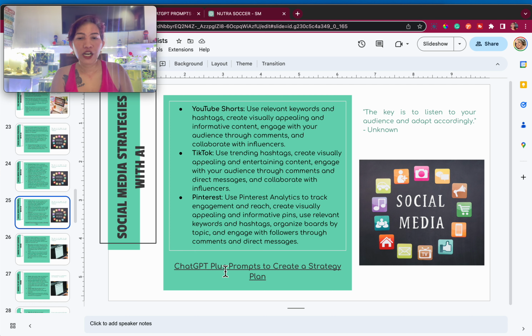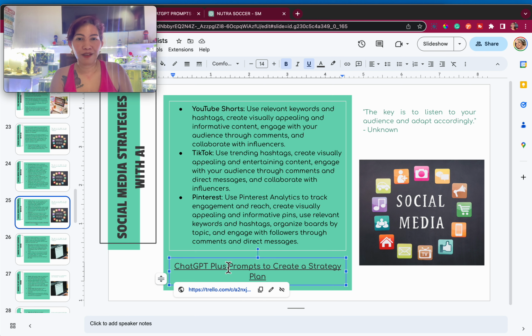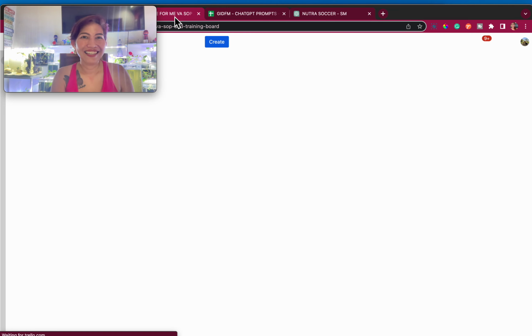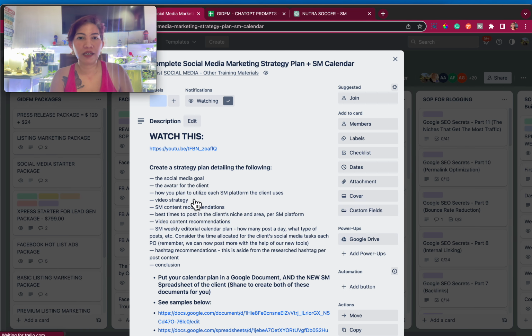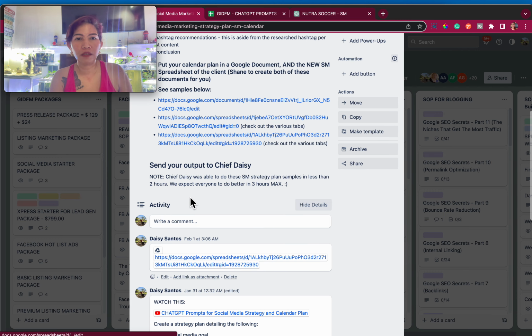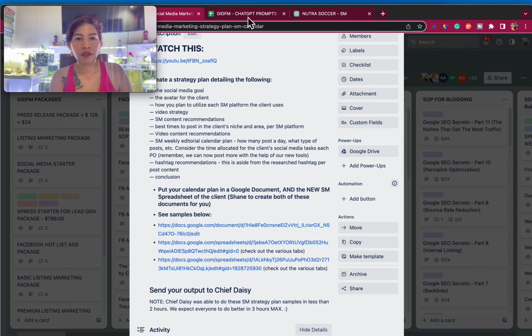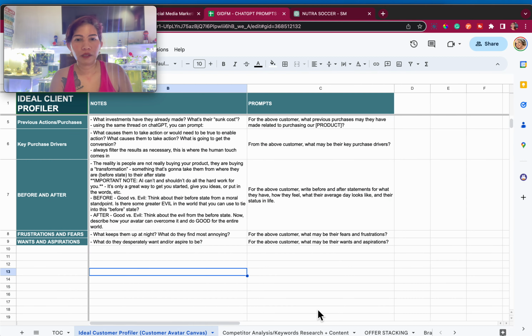Okay, and here is where you will find the prompts to create a strategy plan. Now again, disclaimer: I've tested these prompts already. So this is in our Trello SOP board. But let me get to the prompts right away.